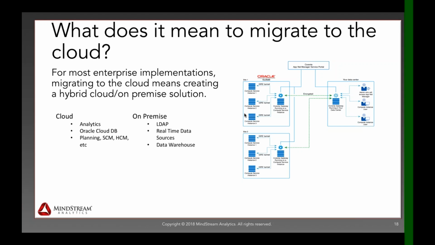This is really a broad generalization, but you could think that your analytics is going to be in the cloud. If you have planning, supply chain management, human capital management, those other Oracle Cloud applications, those would all be in the cloud. You could have, optionally, an Oracle Cloud database. Well, OAC requires you to have an Oracle Cloud database to support the application.